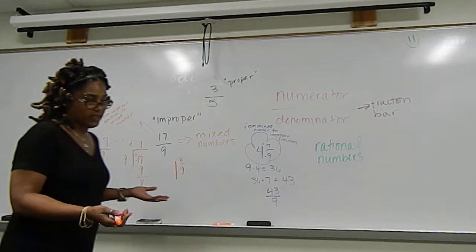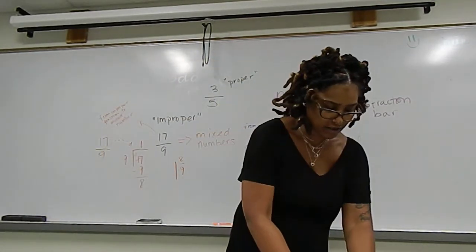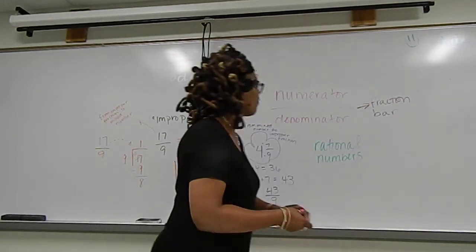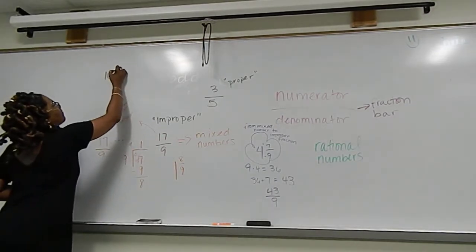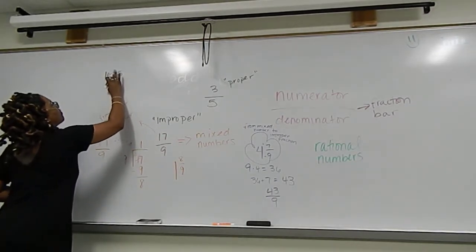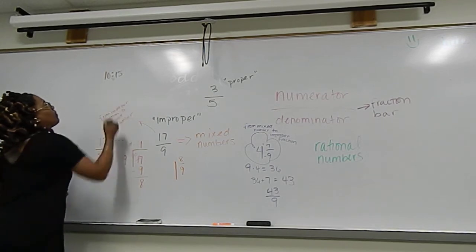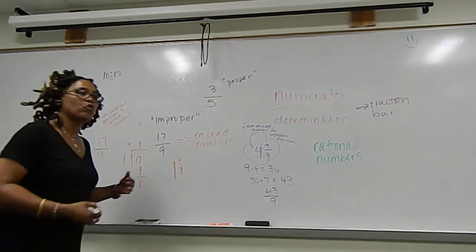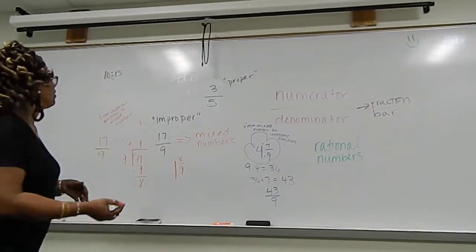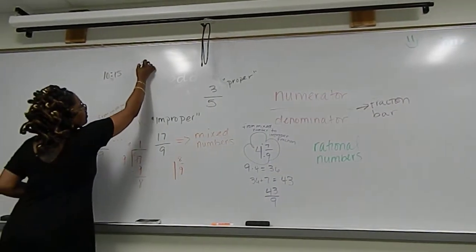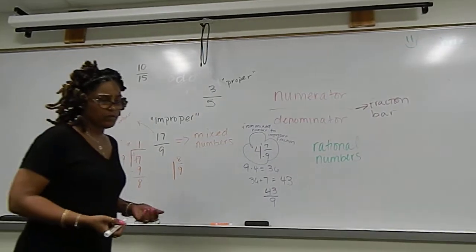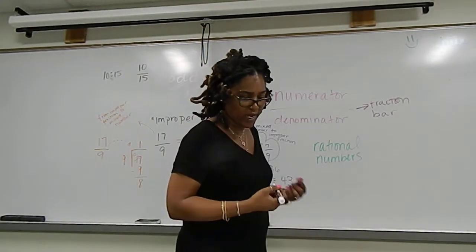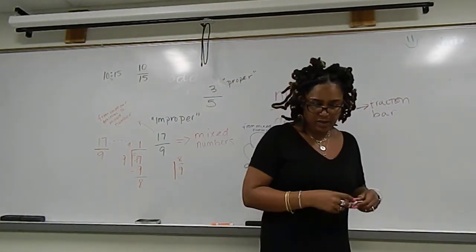When you write 10 out of 15, you typically, normally, without even thinking about it, write it as a fraction. And that's normal. That's what makes it a rational number. Okay?